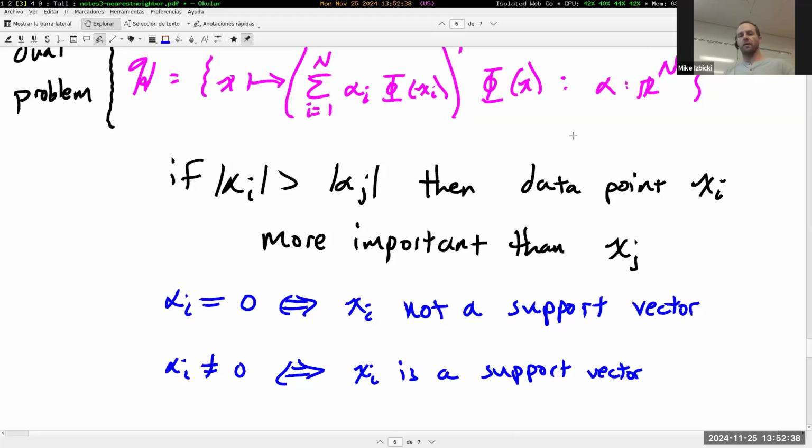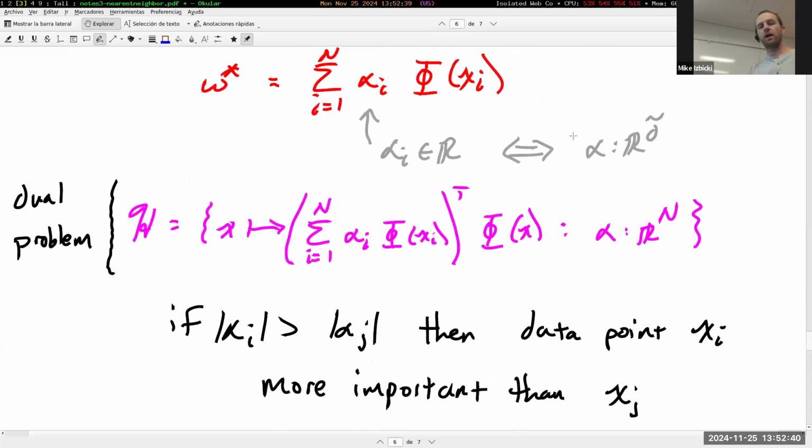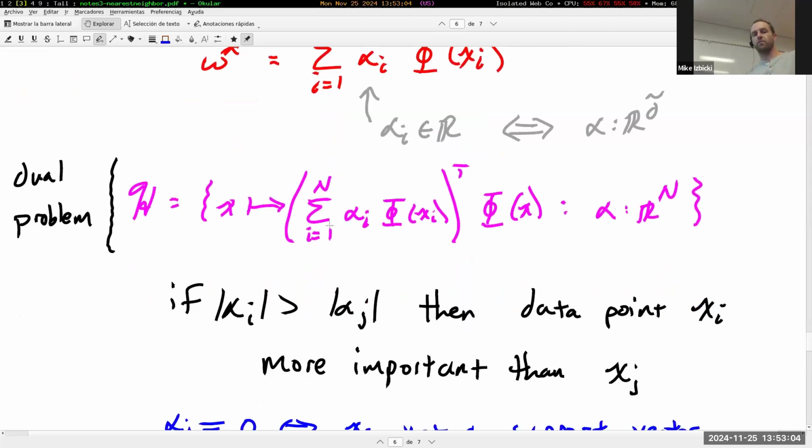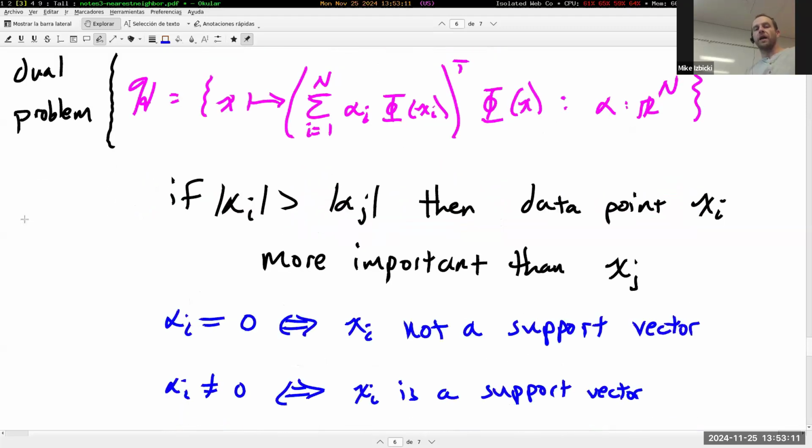So the high-level takeaway is, again, this representer theorem says that any optimal parameter value can be decomposed as a sum of the data points. Actually, any parameter value doesn't necessarily even have to be optimal, but it's also true in particular for the optimal. And so if you learn the weights of the data points instead of the vector itself, you're doing the dual problem instead of the primal problem.